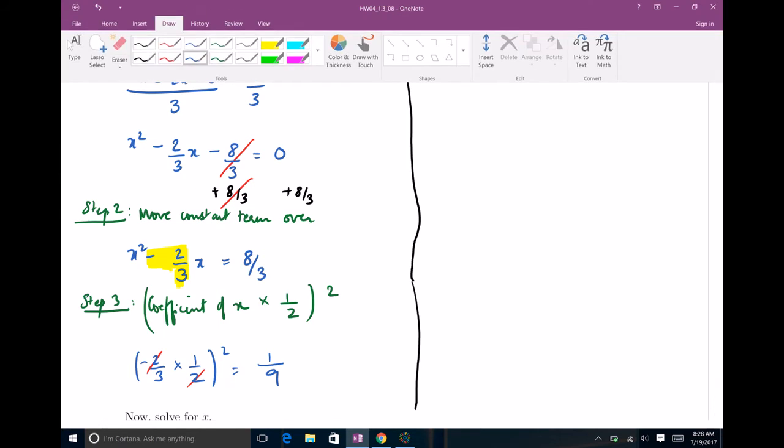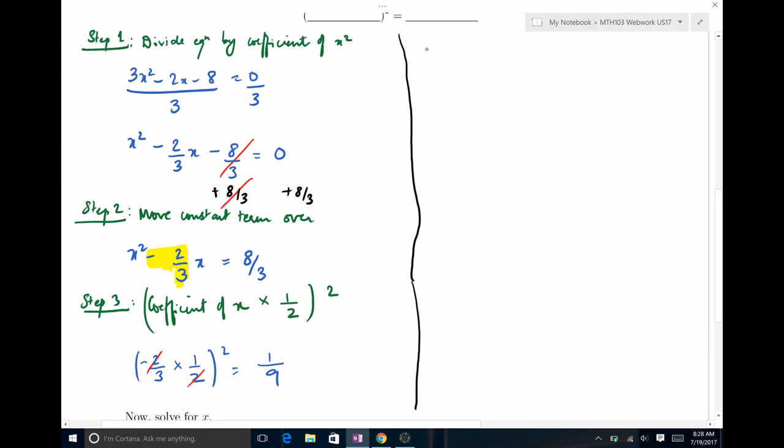So that's step 3. And now we move over to step 4, in which we take this very important term and add it to both sides of our equation. Remember that the equation you had before step 3 was x squared minus 2 over 3 x equals 8 over 3.